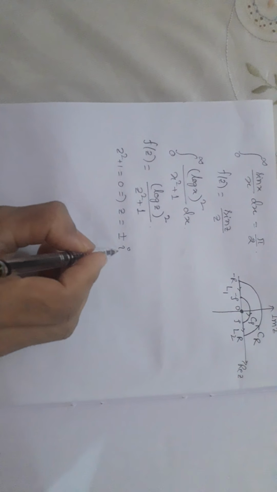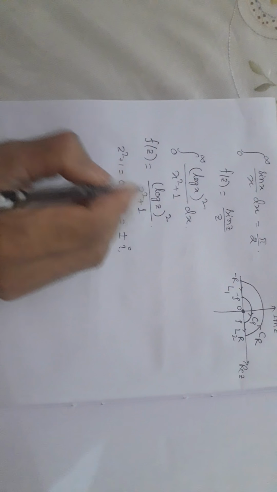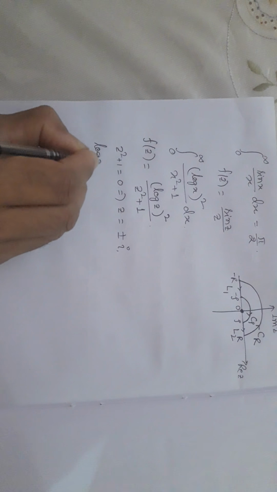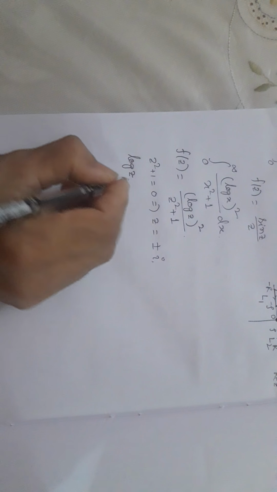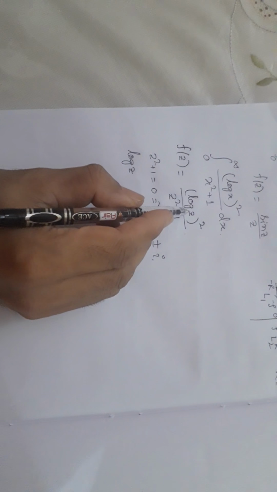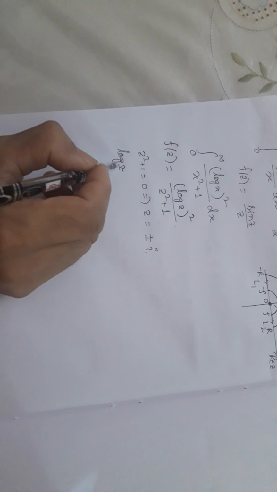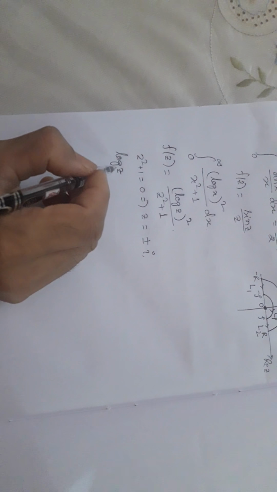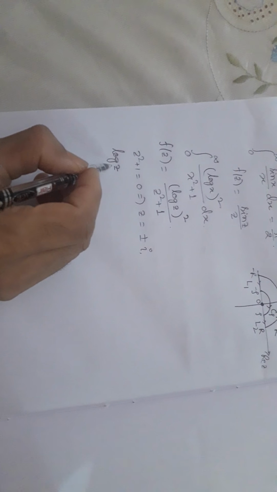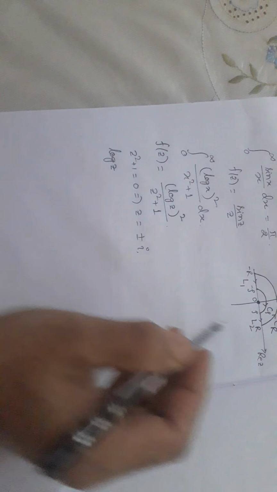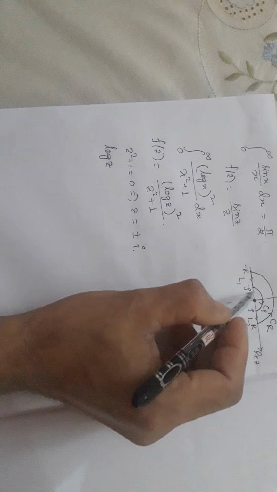Apart from this, because log z is a multivalued function, we need to consider a branch of log z, with the branch cut chosen in such a way that log z is analytic in this contour.